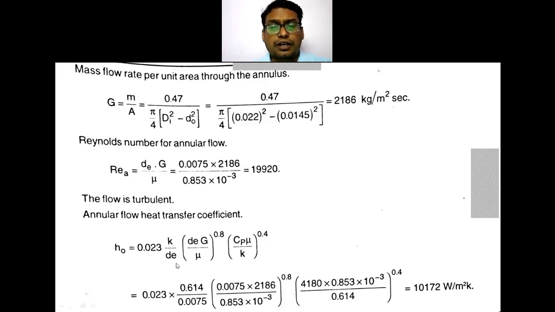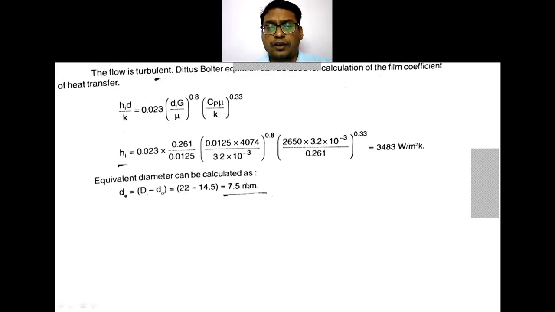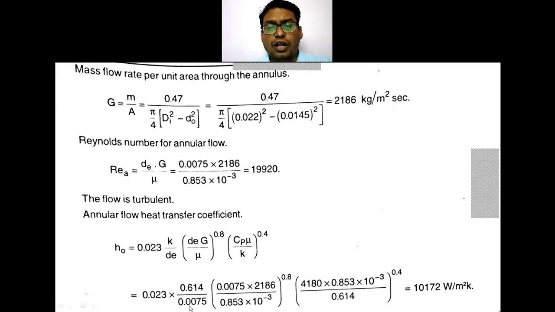And here the thermal conductivity of the water is 0.614 and the equivalent diameter is 7.5 millimeter, which we have already calculated. So all are substituted in meters and you will get the heat transfer coefficient as 10,000 watts per meter square Kelvin.